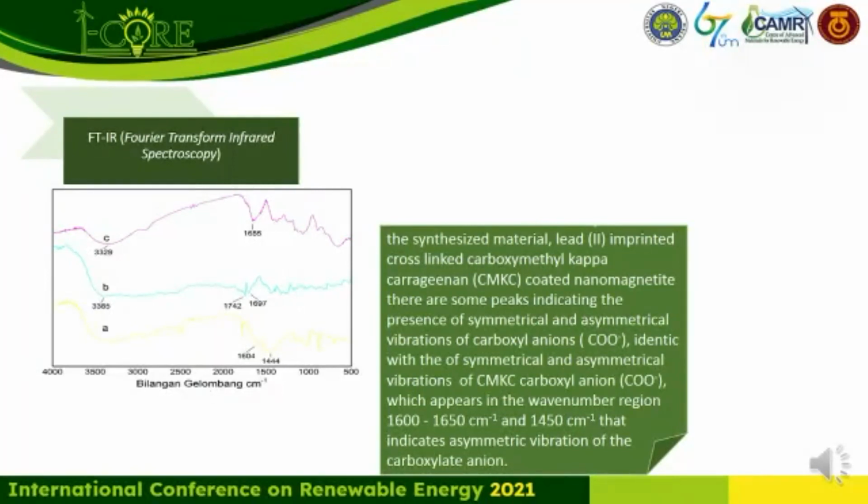The carboxyl anion appears in the wave number region 1600 until 1650 and 1450, which indicates asymmetric vibration of the carboxylate anion.